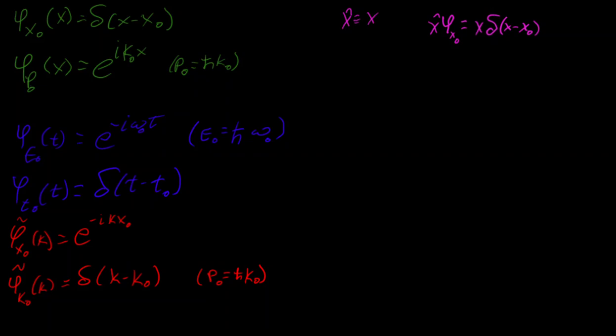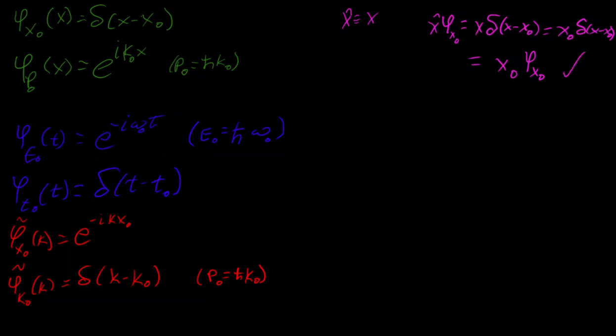So this is the trick that we've used a lot of times, where this is x naught delta of x minus x naught, and this is equal to x naught phi sub x naught. So multiplying the Dirac delta function by that variable x will actually give you the definite position x naught times that Dirac delta function. That's the Dirac delta trick that we've been working.